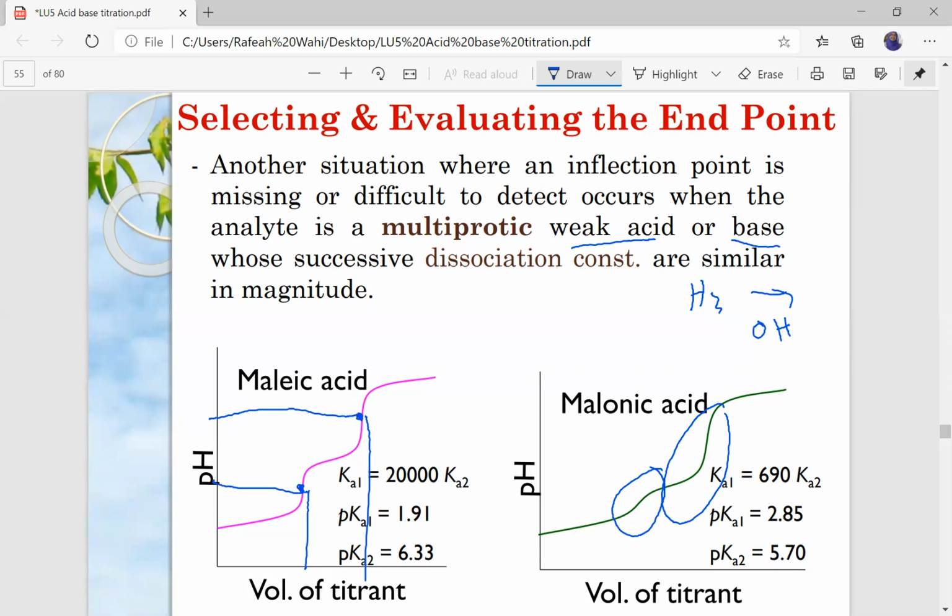Okay, but sometimes we have difficulties determining the equivalence point if we have a multiprotic weak acid or base which has successive dissociation constants similar to each other.